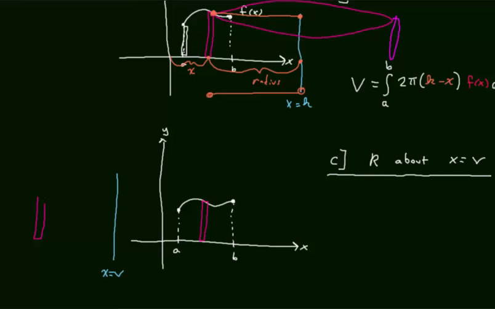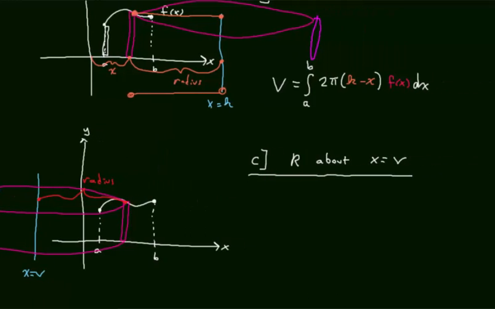One of those rectangles would rotate against the grain, creating this cylindrical shell. This time my radius is from rectangle to axis of revolution. There's my radius, and the key to the problem is determining how to express that radius.